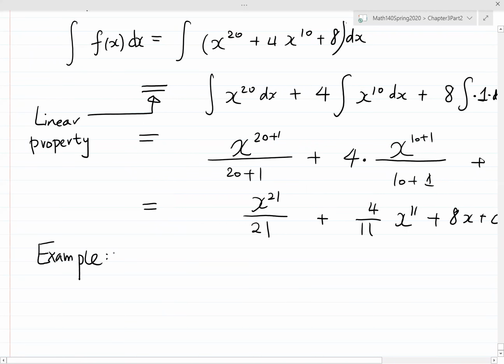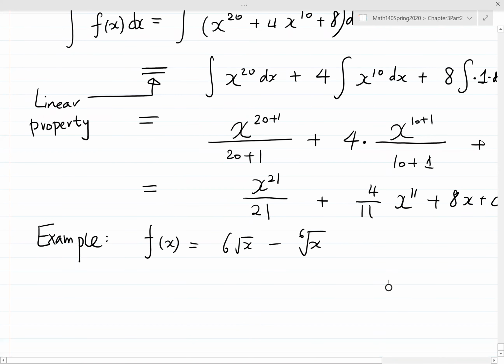Okay, let's see this example. f(x) is 6 square root of x. So this is a power of x, and we use the power rule. If you write it as 6 times x, square root means 1/2 power, so this is 6 times x to the power 1/2.